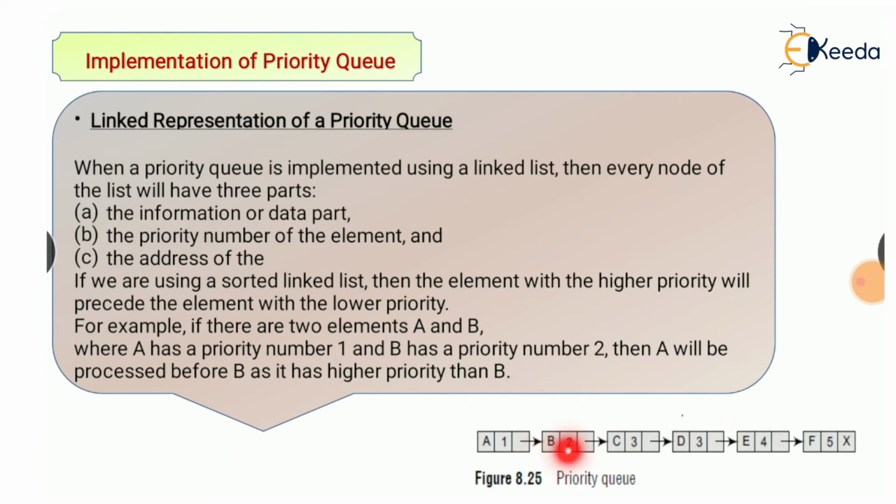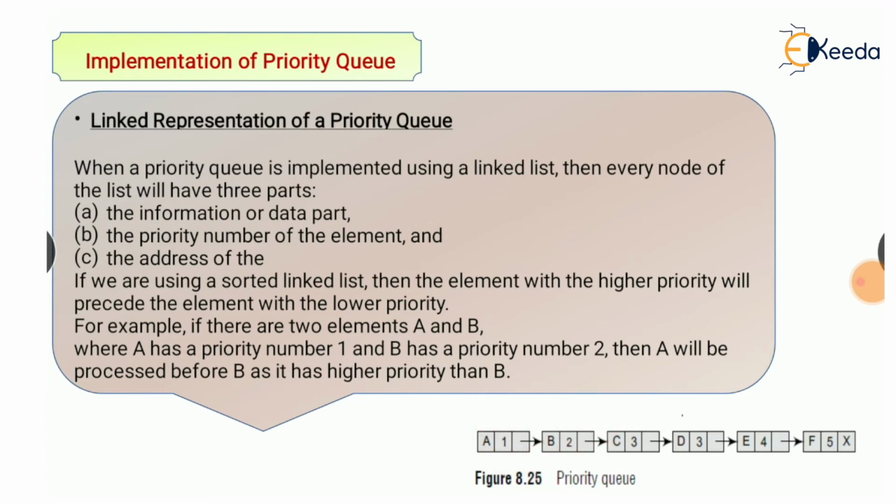And the link here represents the link between these two nodes. This is one node, this is the second node. By using the link between these two nodes, the previous element can point to the next element.